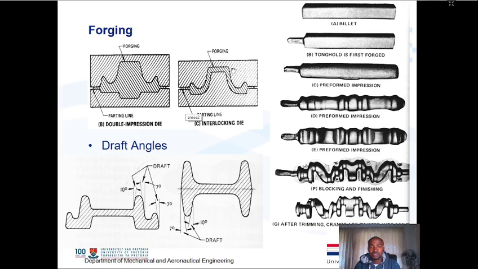Forging continued. There you are. These are all the methods that you can deploy. Look at this one here. These are crankshafts, so you can also apply this on your crankshafts. Draft angle is very critical. Always have a draft when you do casting to avoid high friction, which will end up with tear.